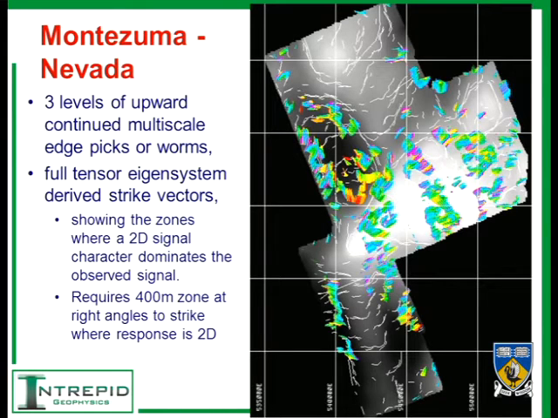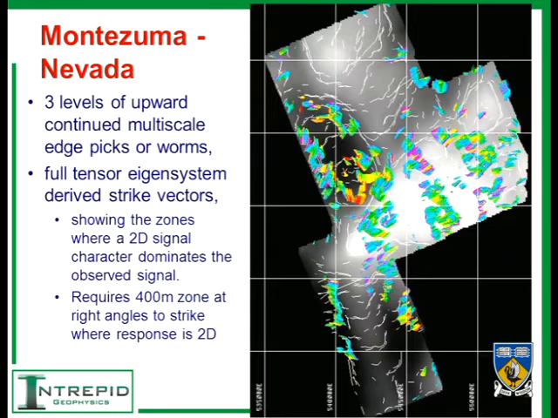The first thing I've done in the white is show traditional worming, but this time applied to tensor data. But it's exactly the same idea, except, you know, the total horizontal gradient upward continued of the XZ and the YZ, and then drawing them up as contours and making the worms. So that's the worming treatment of that data set.